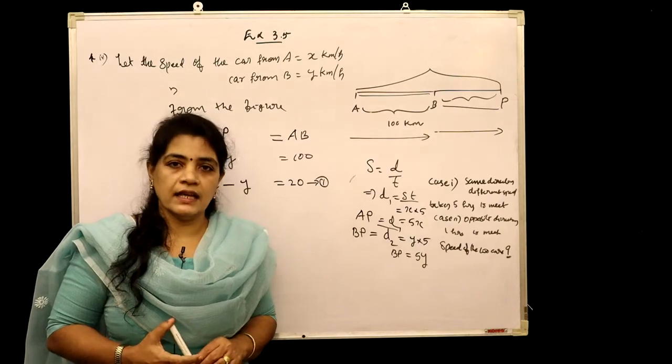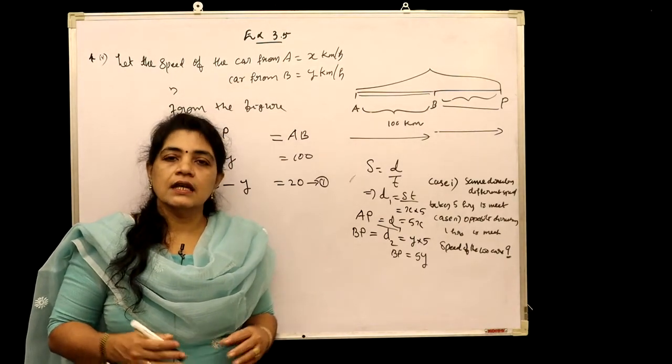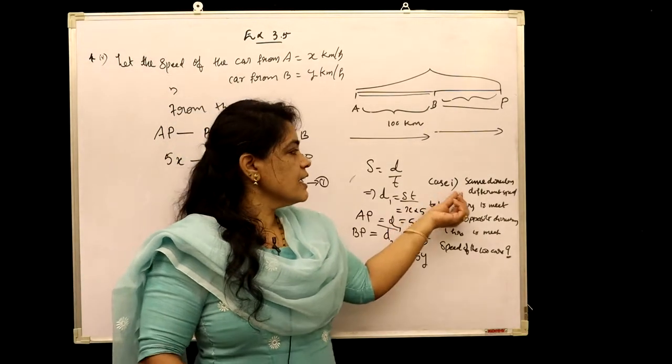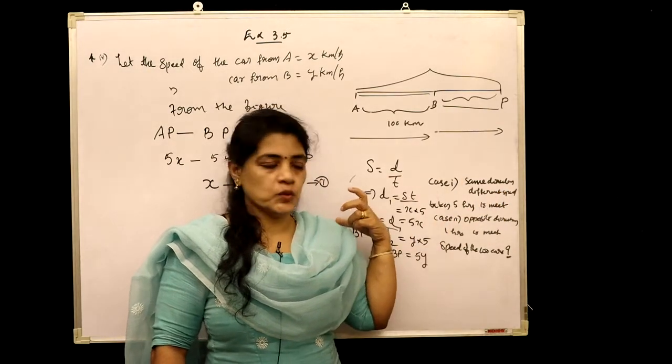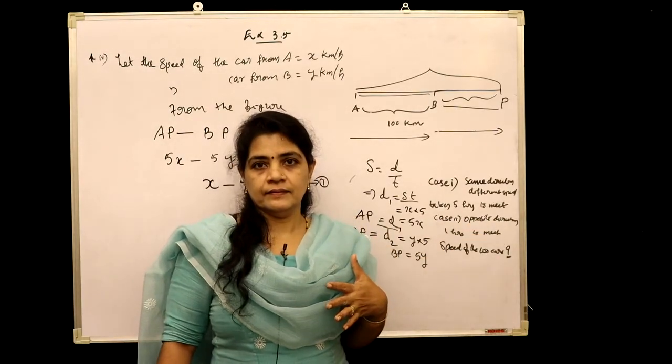And from the second case, that is when the cars are moving in opposite direction. Here the case 1 was same direction, different speed. Then we got the equation. And the second case, opposite direction.